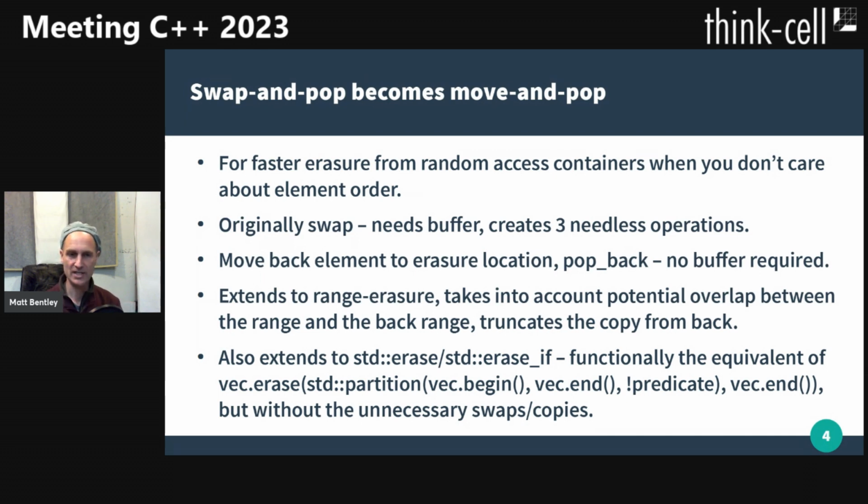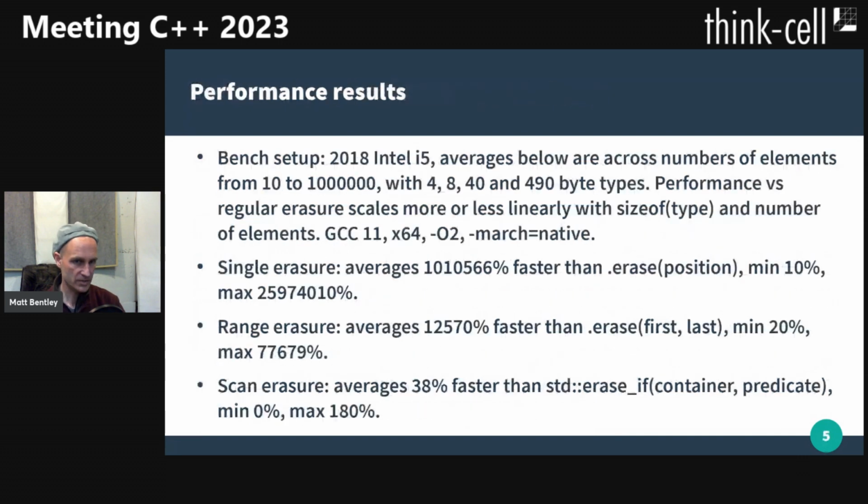It also extends to std erase_if functionality. Basically, it ends up being the equivalent of range erasure using the return from std partition with an inverted predicate as the beginning part of the range, but without all the unnecessary swaps and copies that you get from a partitioning operation. So I'll just give you some performance results.